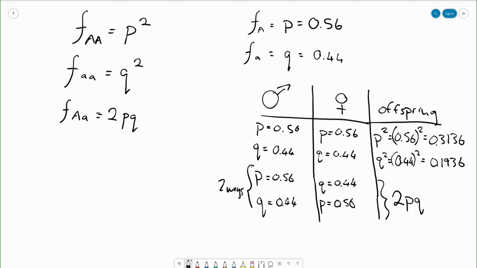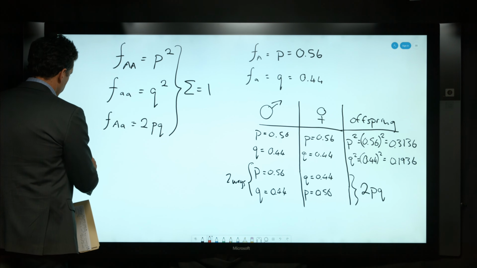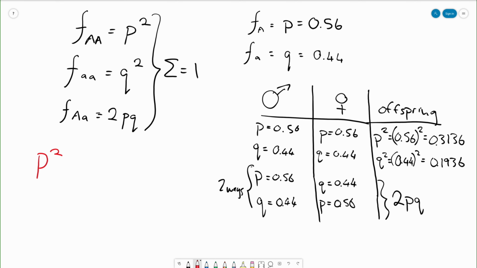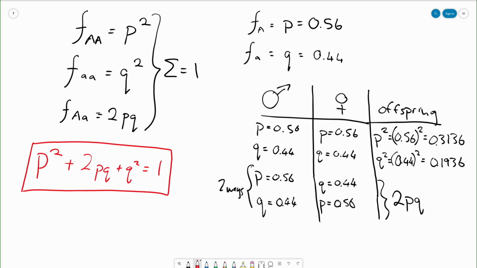And of course, these are all the possible genotypic combinations, and so if we added up those frequencies, they must equal 1. And so this is, in fact, the logic behind the following relationship, that if we add up all the frequencies, p squared plus 2pq plus q squared, it equals 1. And this is the famous formula known as the Hardy-Weinberg law.